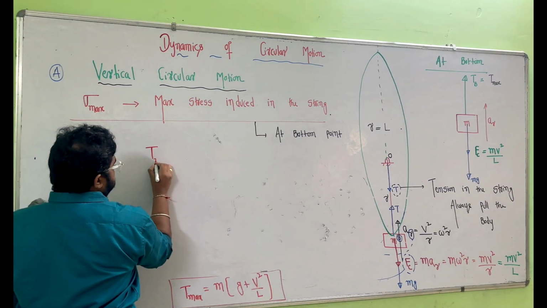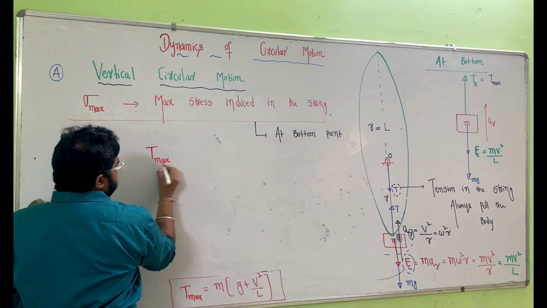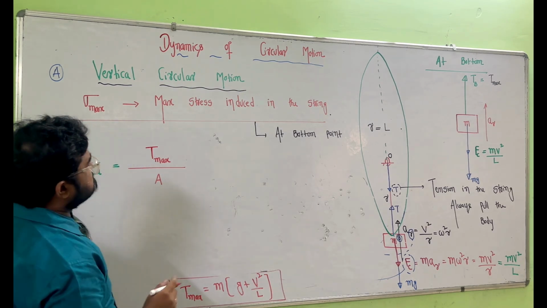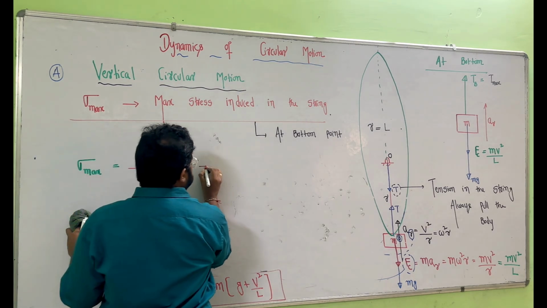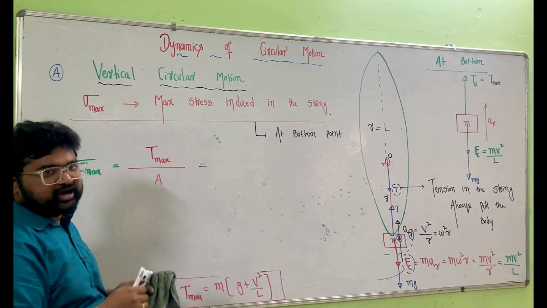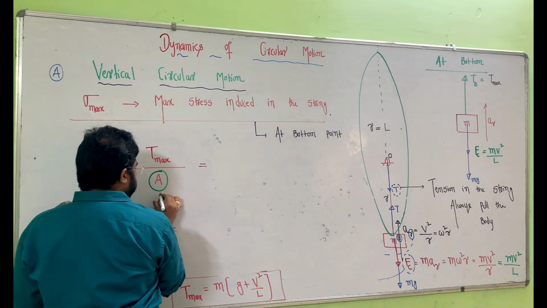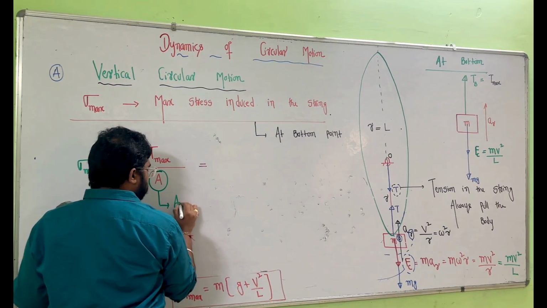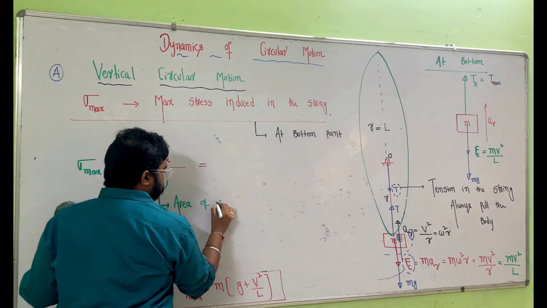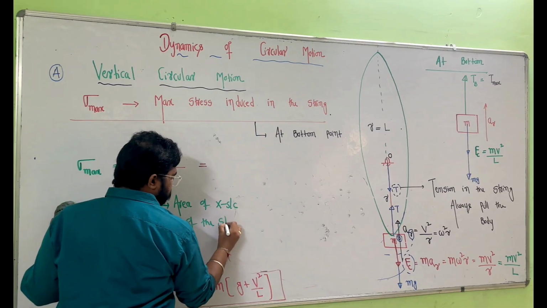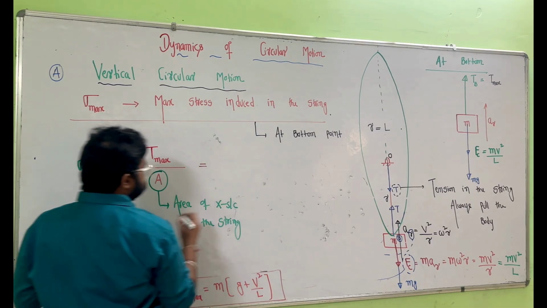Stress is the internal resistance offered by the body. So this is the maximum stress induced in the string: T maximum divided by the area of cross section of the string.